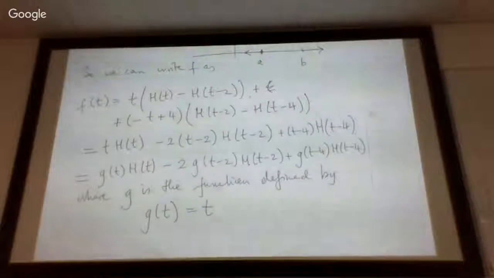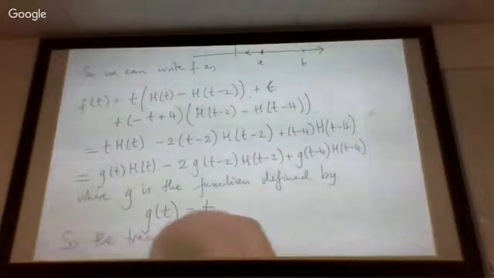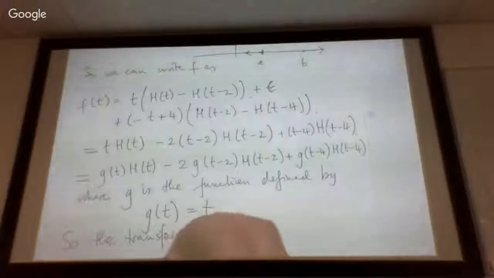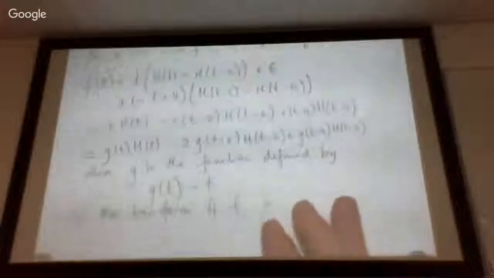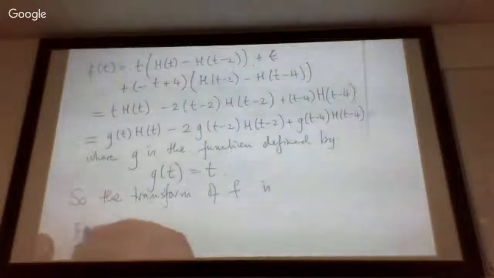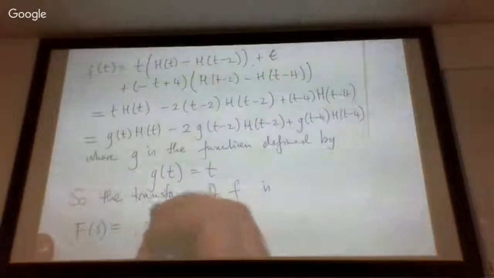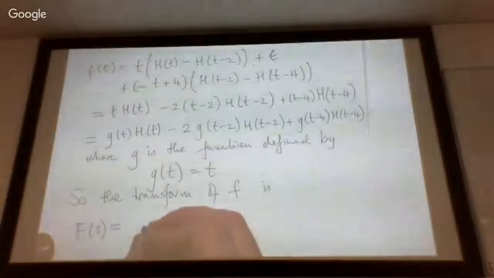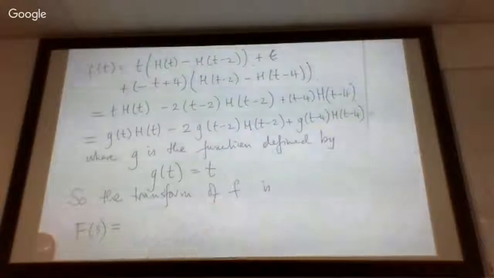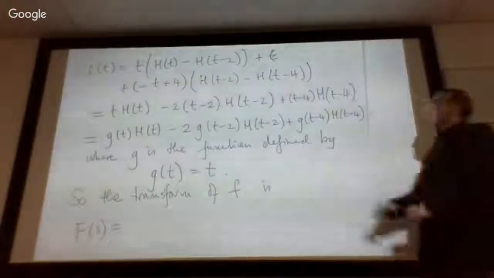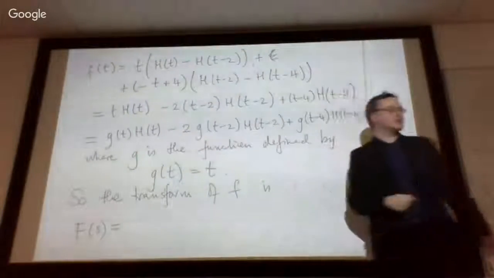Okay, so the transform of f is this function capital F of s, which is, well, we're going to be applying multiple cases of that result about how to transform this function times the Heaviside.